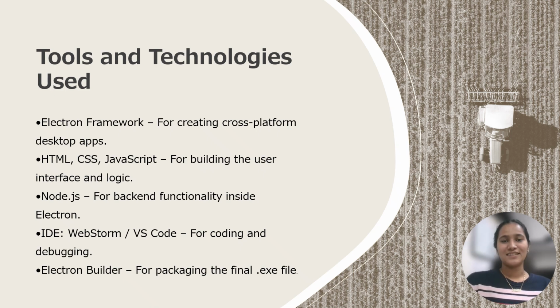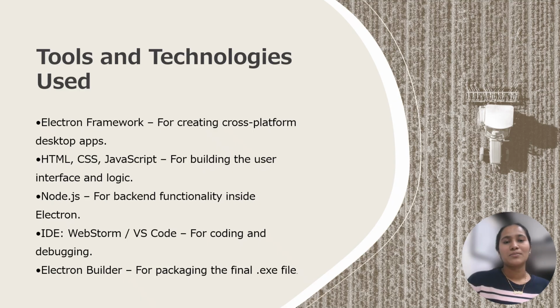Now, let us discuss the tools and technologies which I have used for building this application. I built this application using the Electron framework, which allows developers to create desktop applications using web technologies like HTML, CSS, and JavaScript.